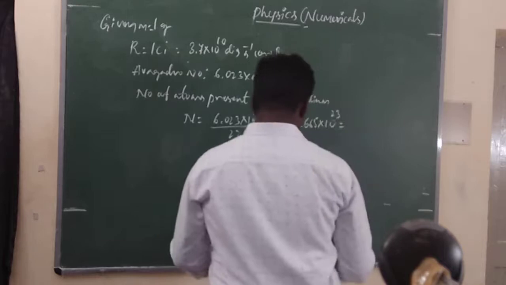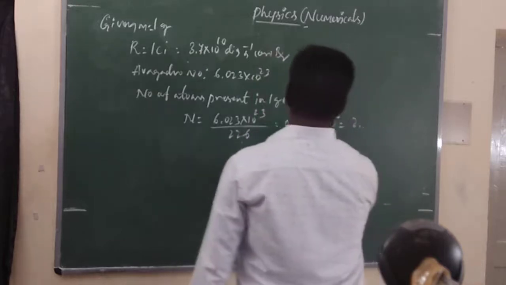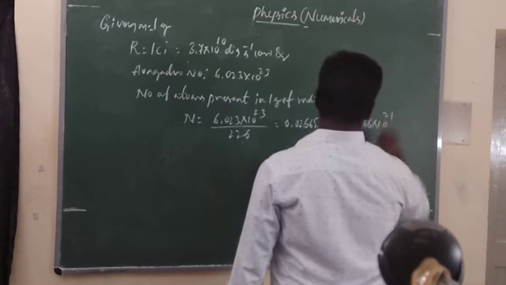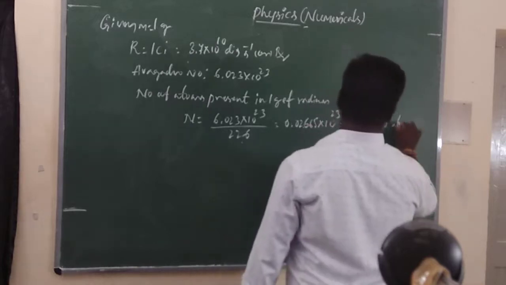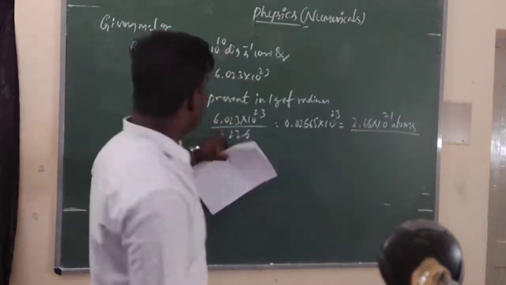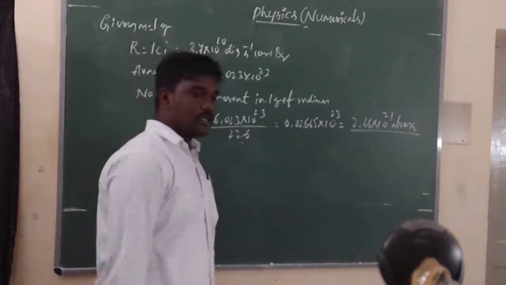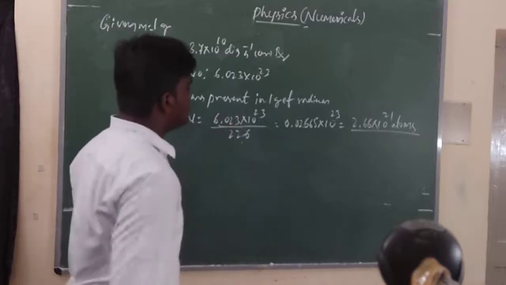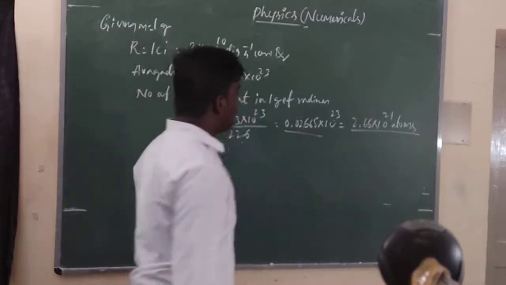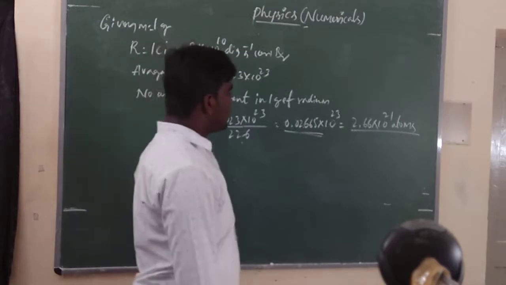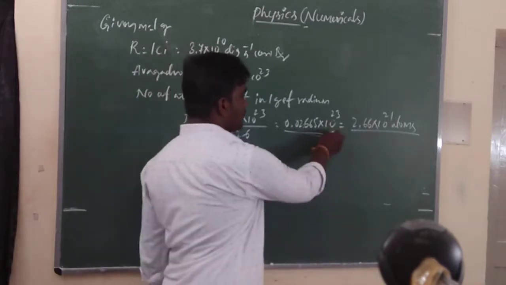We write it like this: 2.66 into 10 to the power of 21 atoms. Simplify that. 6.023 into 10 to the power of 23 divided by 226, we get 0.02665 into 10 to the power of 23.